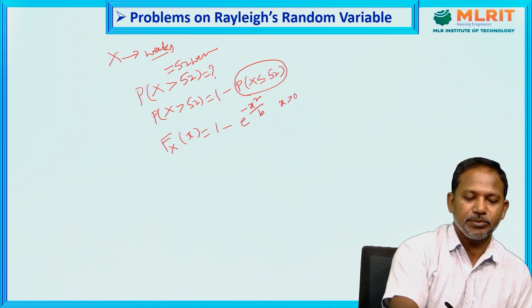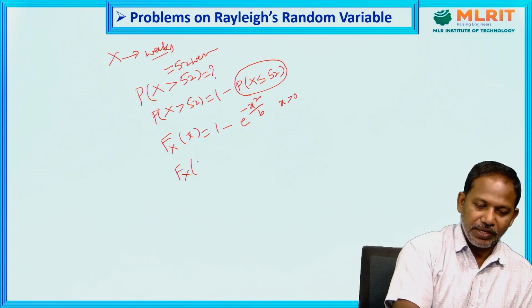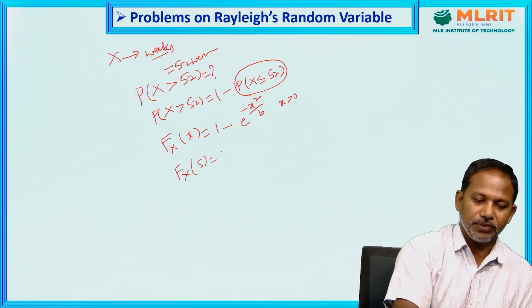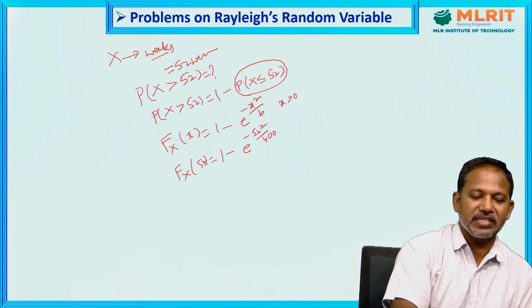Now I need to substitute the values in this equation. First of all, I can write capital Fx of 52 is equal to 1 minus e power minus 52 whole square by b, taking b as 400. This is capital Fx of 52.